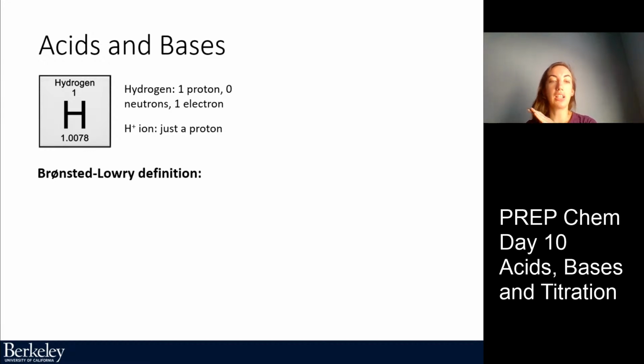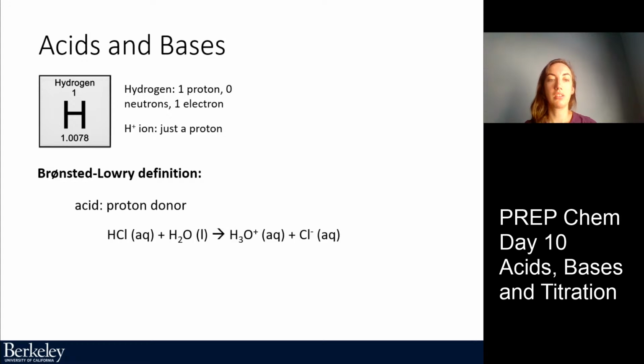There are actually a lot of different definitions of acids and bases. I'm going to use today the one that the textbook you'll be using for Chem 1A uses. This defines an acid as a proton donor. As an example, HCl is an acid.